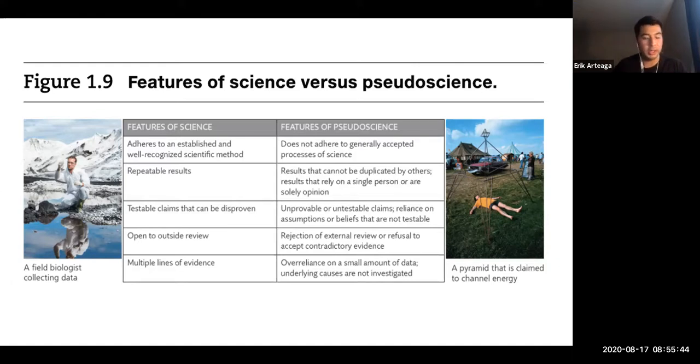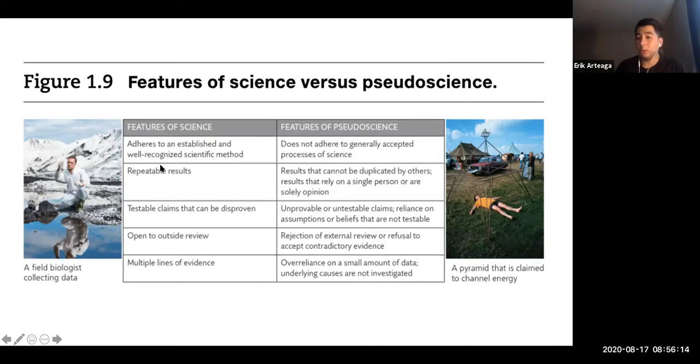You shouldn't do that. Those unsubstantiated claims refer to pseudoscience, where the claims are not tested and not accepted by the scientific community, whereas features of science are going to be the adherence to an established and well-recognized scientific method. Again, what I outlined previously is a very broad scheme of how science is done, okay?